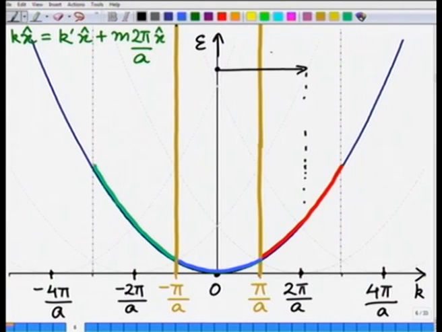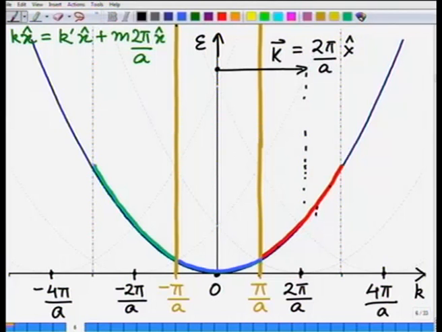This is the lattice vector K equal to 2 pi by a. That is the reciprocal lattice vector I am using. If I use this lattice vector, any k value here or here can now be transformed into a k prime which belongs to the first Brillouin zone by using this capital K.